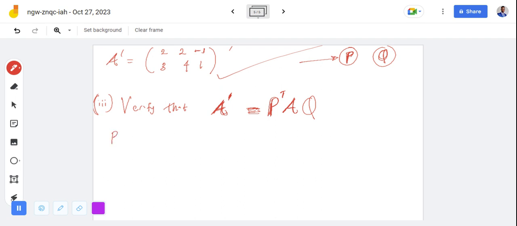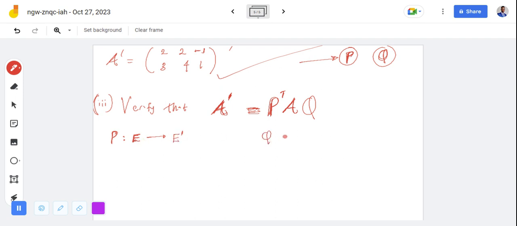I can represent P as a linear map. This P always maps the standard base, E, directly to our given base, E prime.